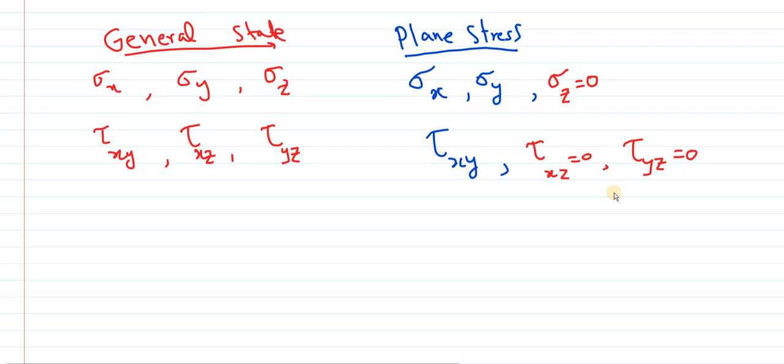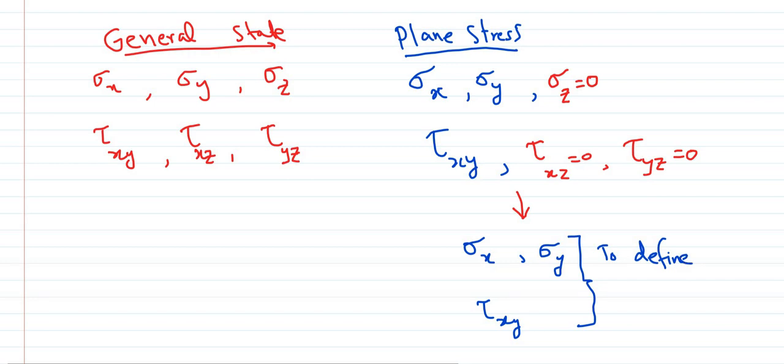The summary is that in case of plane stress, the state of plane stress is completely defined if you know sigma x, sigma y, and tau xy. So you need to know two normal stress components. The state of plane stress is completely defined.